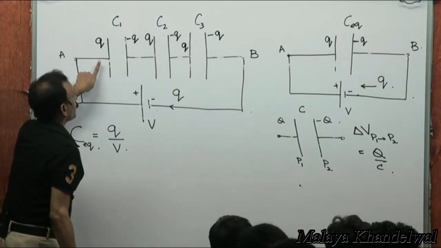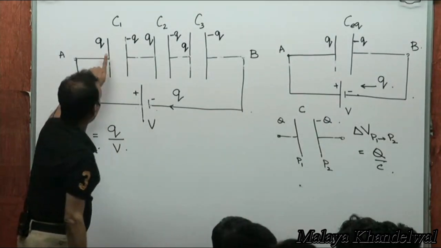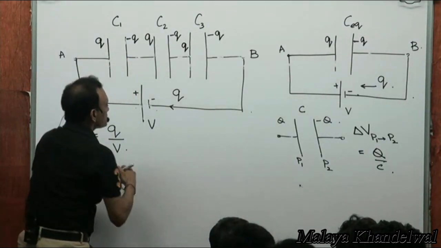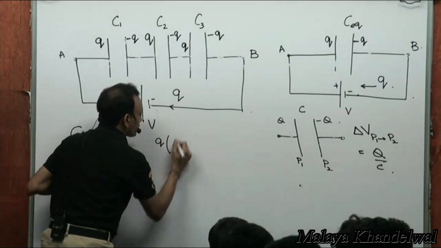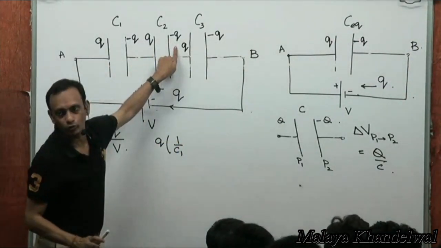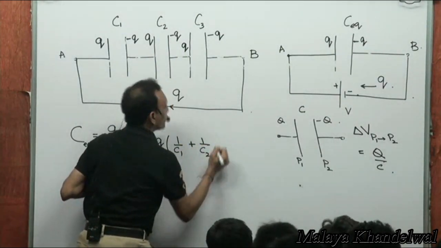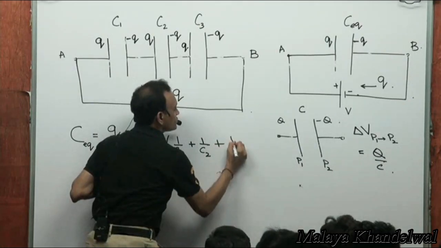Now the drop from here to here across the first plate is Q by C1. Then the drop from here to here is going to be Q by C2. The drop from here to here is Q by C3.